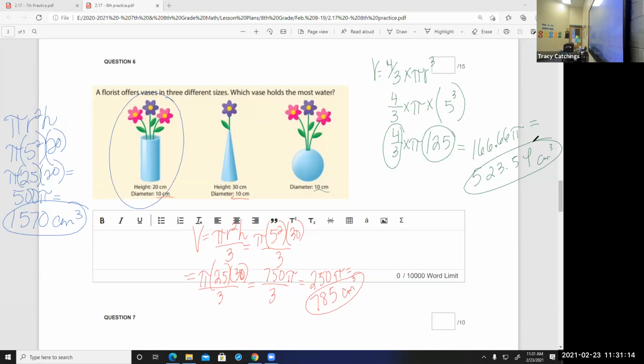When you first hit it, Corey, it's going to give you 3.14, telling you that pi is 3.14. That's why I said hit enter, and then it'll multiply for you. That gives 523.5.